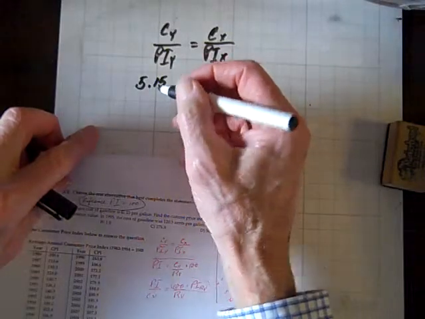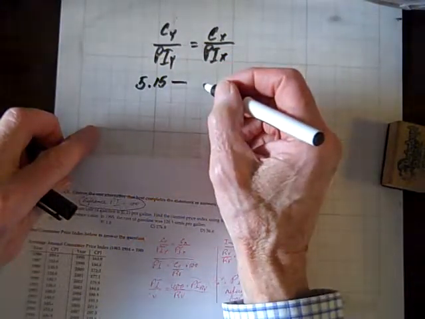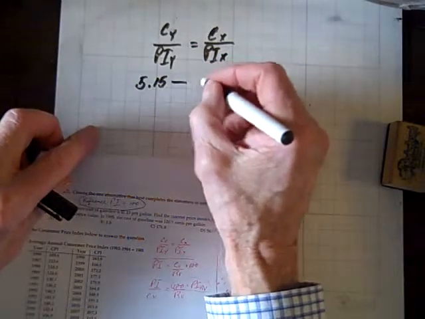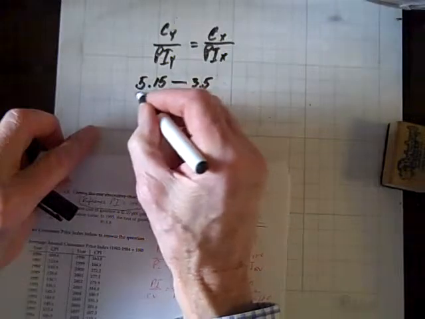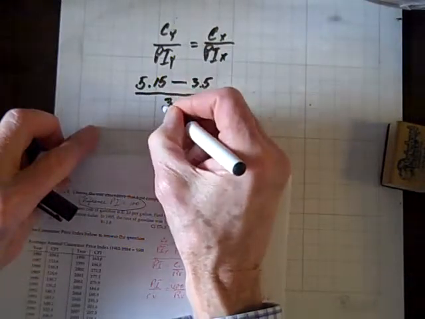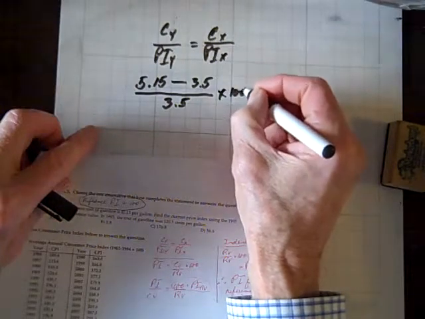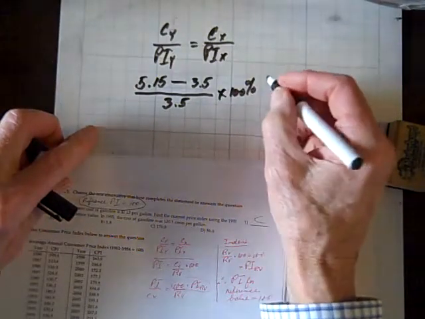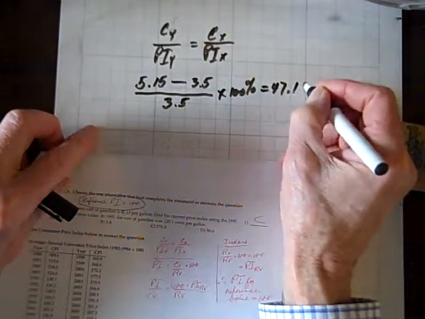The minimum wage in 1990 is $3.5. And we need a relative change, so we'll divide by 3.5 and multiply by 100%, and we get 47.1%.